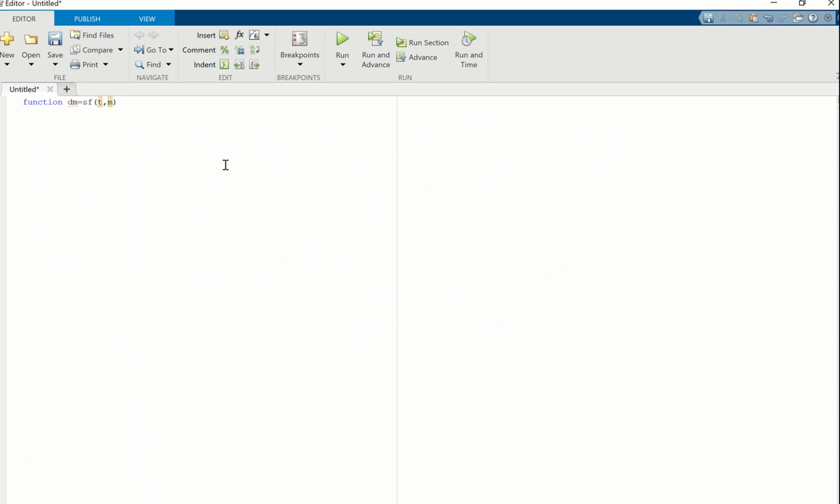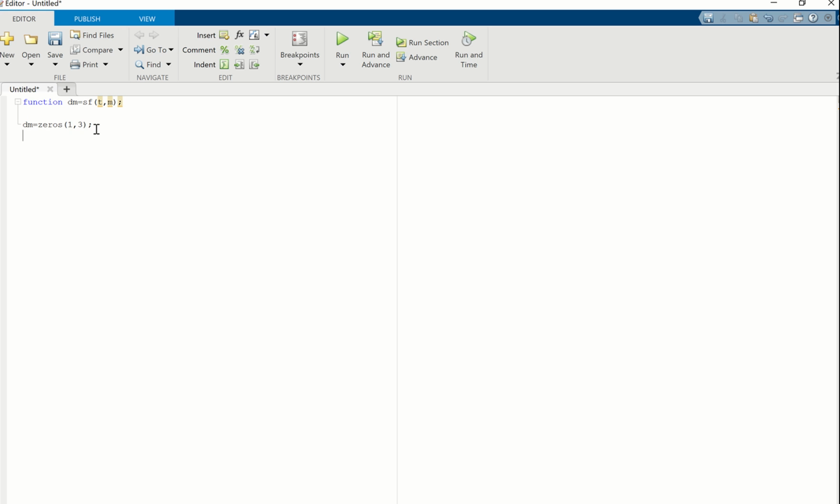Instead of x1, x2, x3, I'm putting m here. Then you say dm is zeros. How many state variables do we have? We have 3, so 3 and 1 to open the initial space for that.